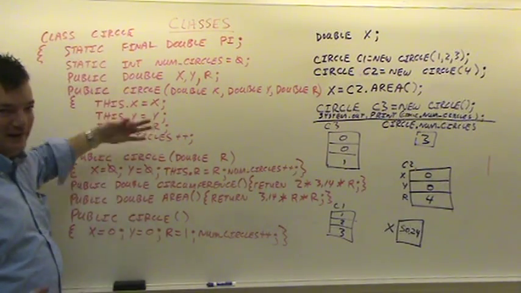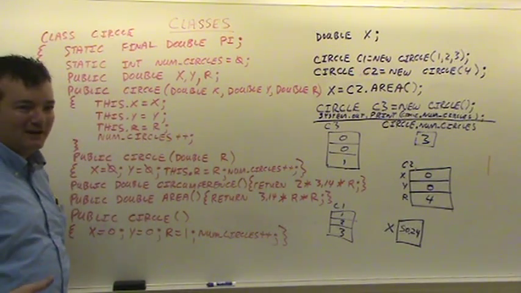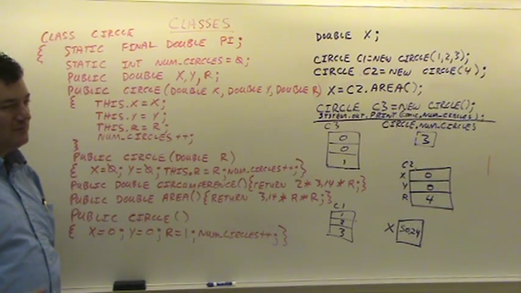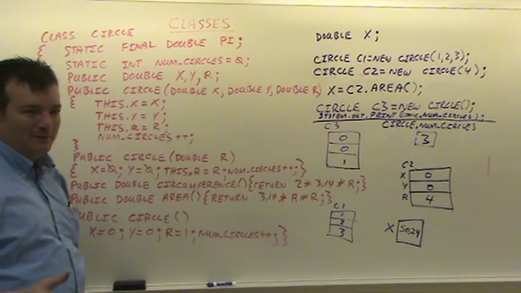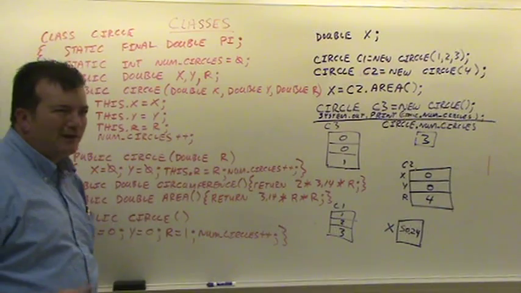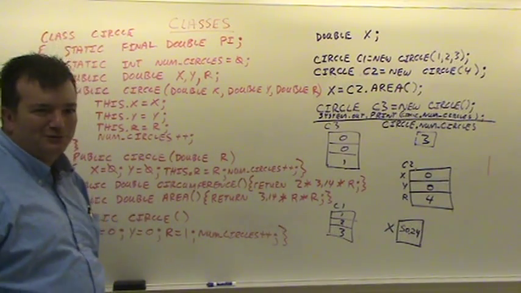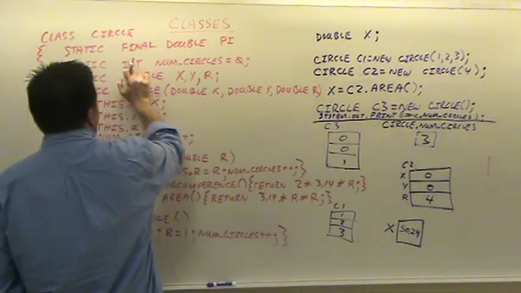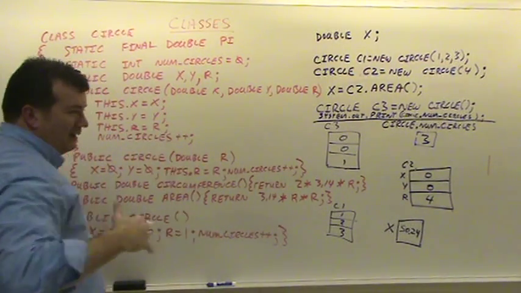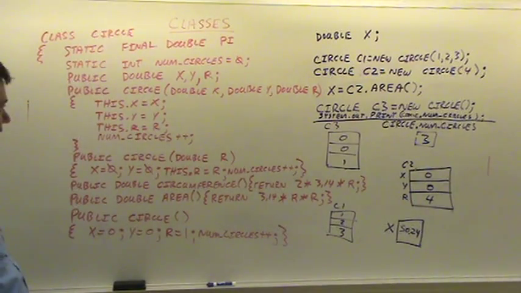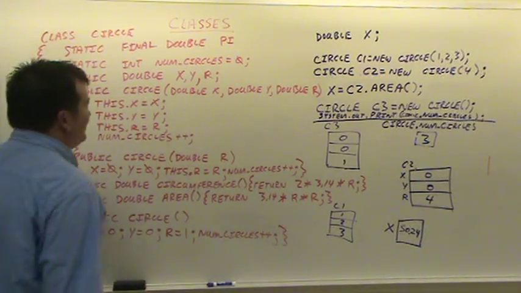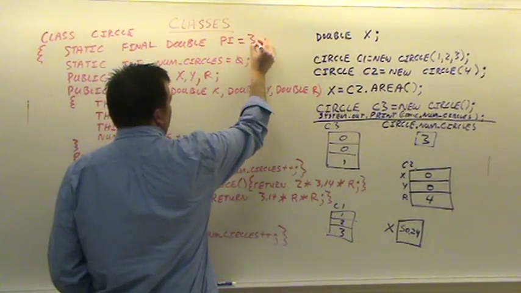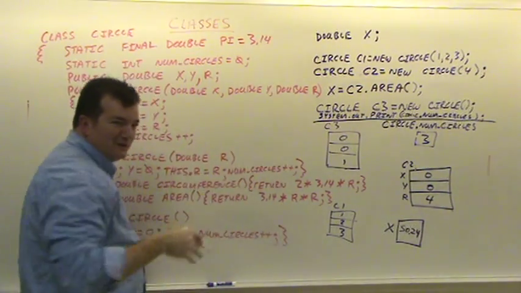If someone uses it, it has no value. So you're going to get some compiler error like value may not be set before it's used. Anytime we say something is final, meaning I'm setting the value now and nobody should ever change it, we obviously have to set it. So at this point we can say 3.14.